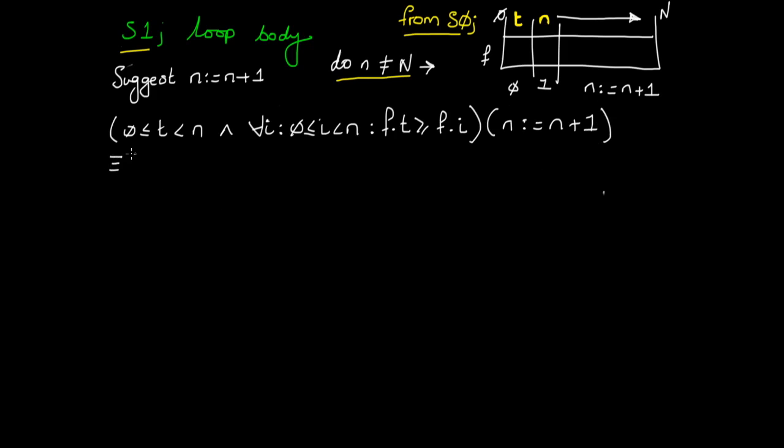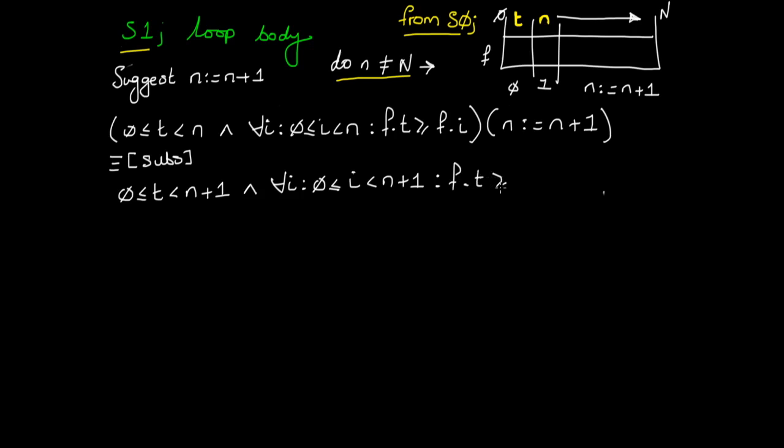So through substitution, we'll end up with t greater than or equal to 0 less than n plus 1, and for all I greater than 0 and less than n plus 1, f dot t greater than or equal to f dot I.